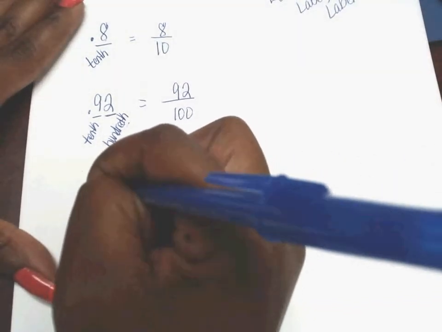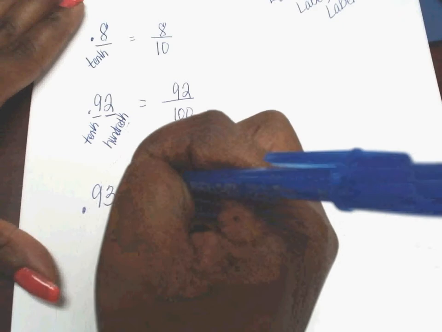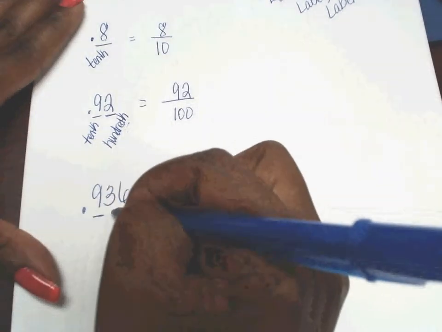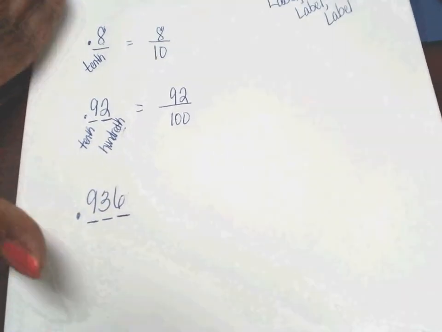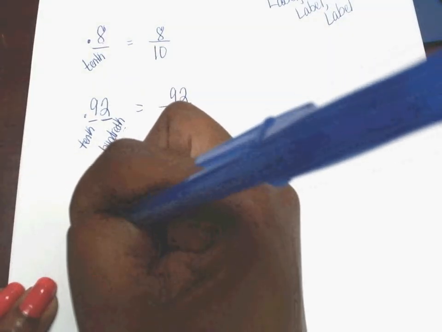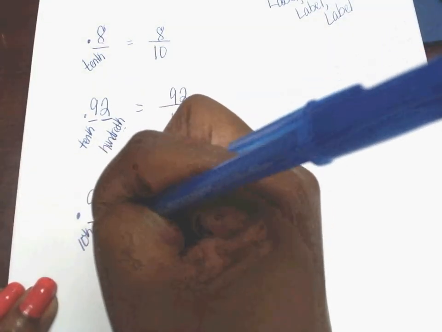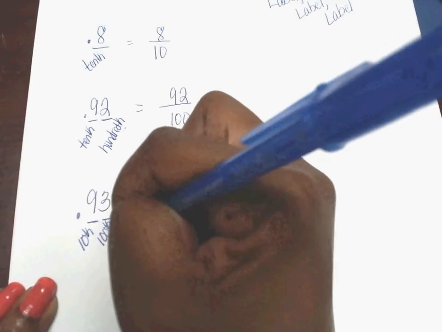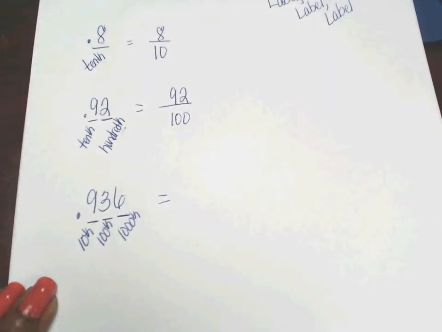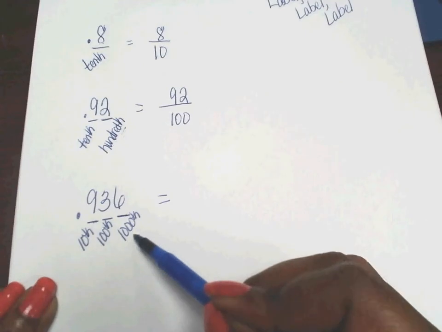All right, let's do another one. 936 thousandths. Again, first you underline, then you label, label, label. On this one, I'm just going to do the numbers. The last thing I wrote is the last name.